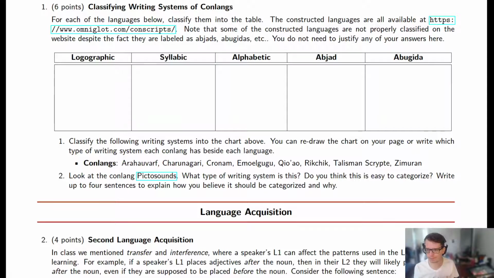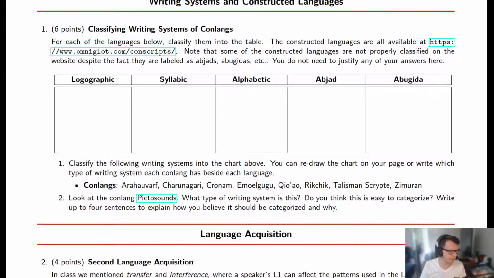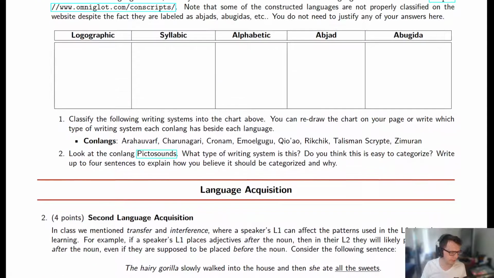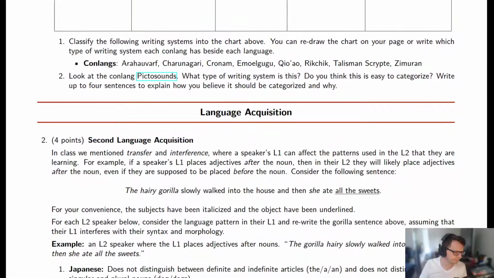There is a correct answer for it, but I'm giving you a chance to justify yourself with this one because it is a little bit more complicated. And it's a little bit misleading at times. So that's writing systems, something you're a little bit more familiar with, but it's good to revisit because we didn't get to spend that much time with it.